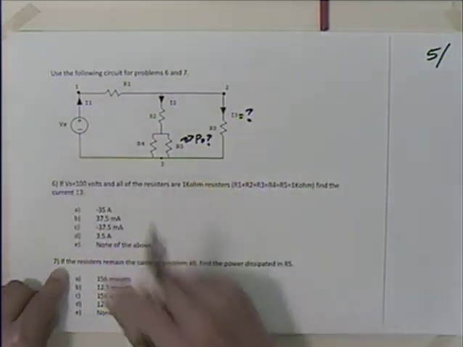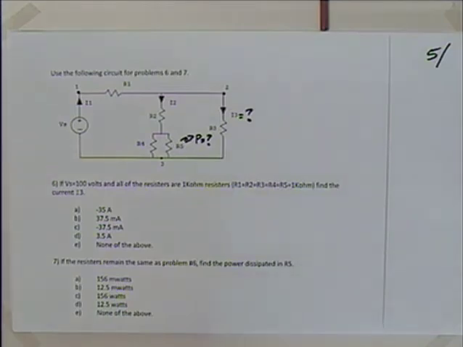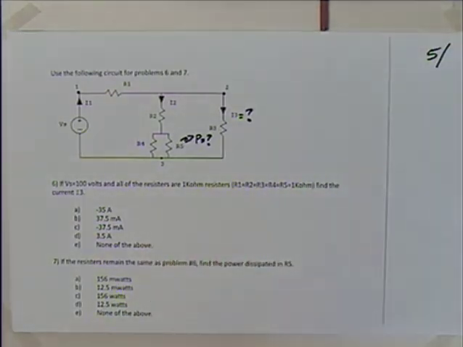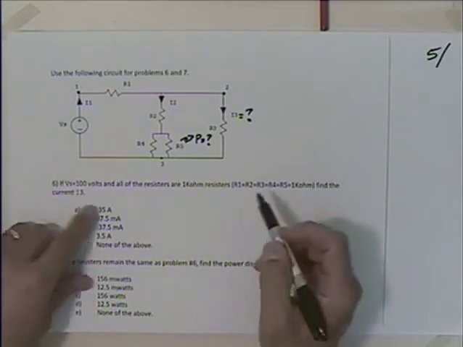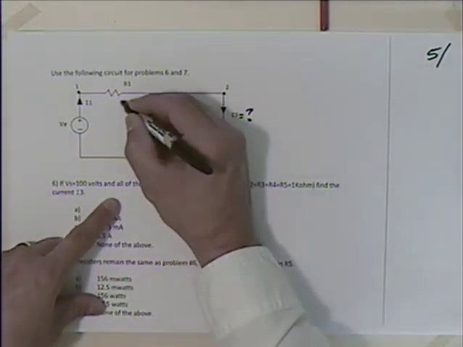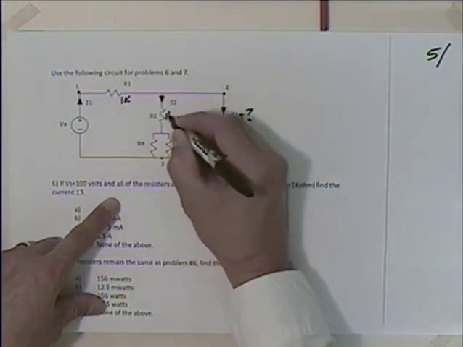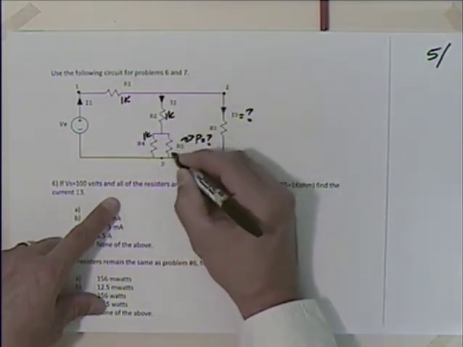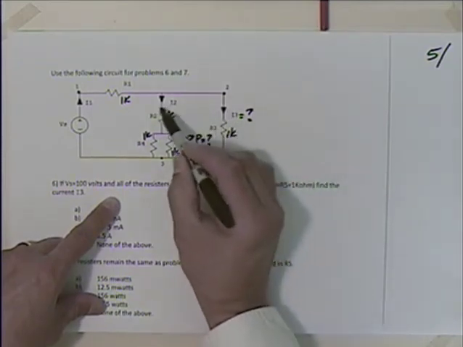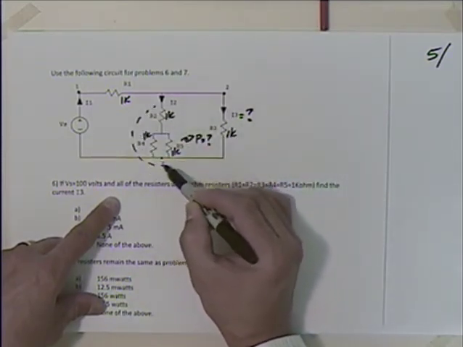Now there's only one source in this, so it tends to lead us to one of the easier methods, circuit simplification. Let's see if we can do that. So let me try that. If this was R1, R2, R3, R4, and R5 is 1K ohm, so I have 1K, 1K, 1K, 1K, and 1K. What is my arrangement here with these resistors?